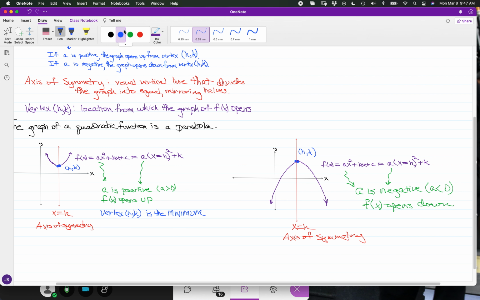In the case of the vertex, that is going to be the maximum. So this is the layout.